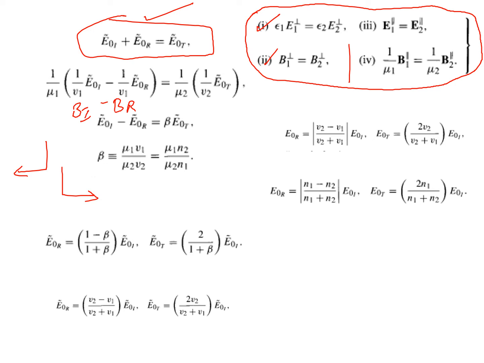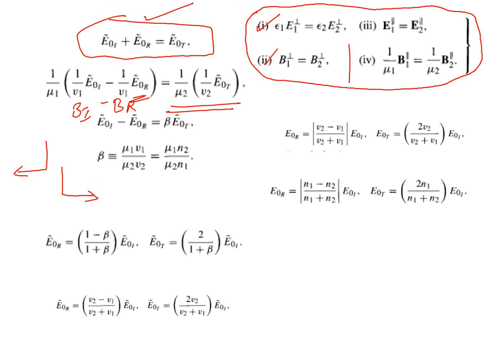So instead of Bi, we can use 1 by V1 times E0I, minus Br. Instead of Br, we can use 1 by V1 times E0R. So then 1 by mu1 times 1 by V1 E0I complex minus 1 by V1 E0R complex equals, on the right side, 1 by mu2 times Bt. But Bt can be replaced by 1 by V2 times E0t. So these are from the third and fourth boundary conditions.